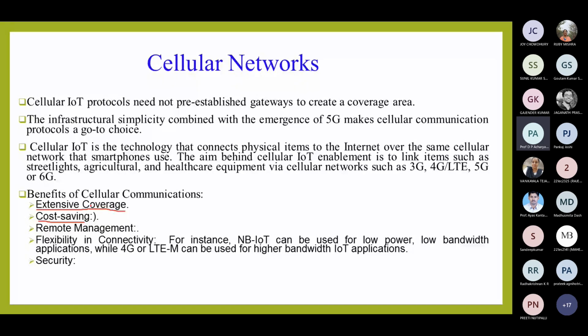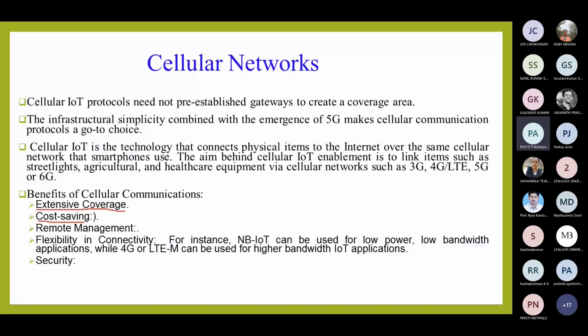If we have a 4G or LTE modem, that can be used for higher bandwidth IoT applications. We can also use narrow bandwidth IoT for low power, low bandwidth applications. And security, of course, is at threat, but still we can say security is there. That's how people do it.